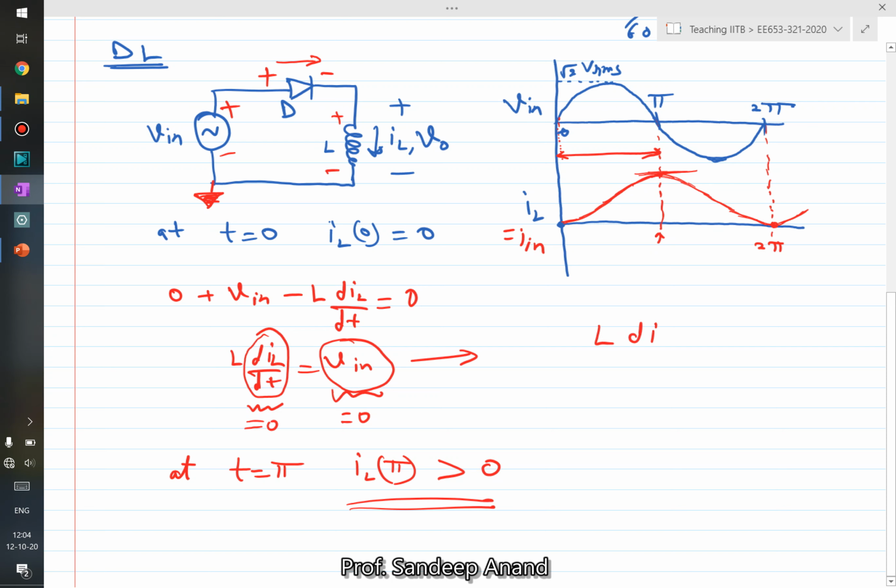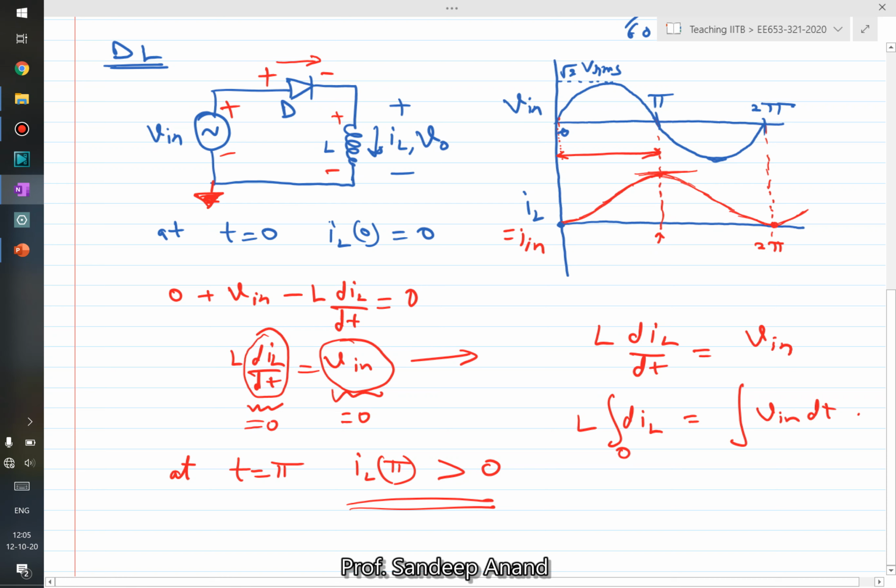L dIL by dt is equal to Vin. You can rearrange this: the integral of dIL is equal to the integral of Vin dt.